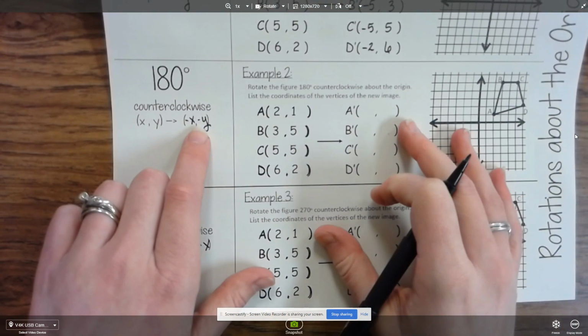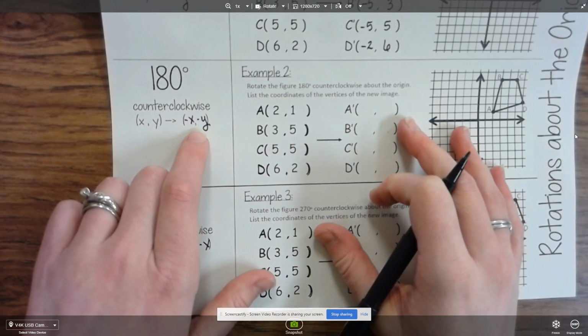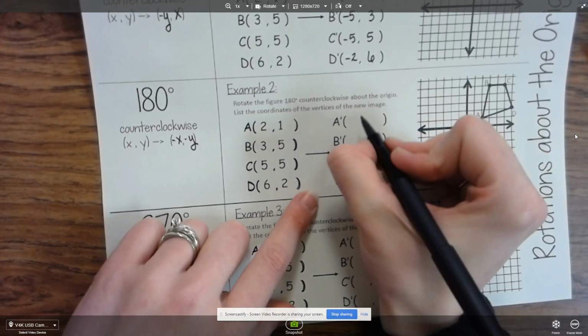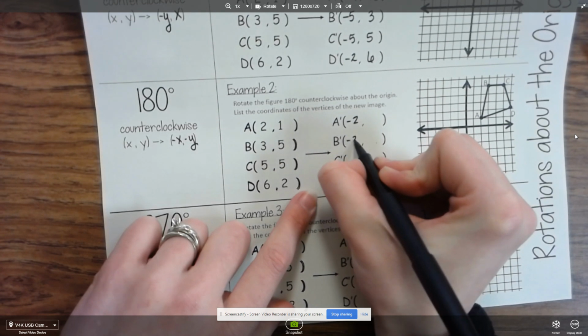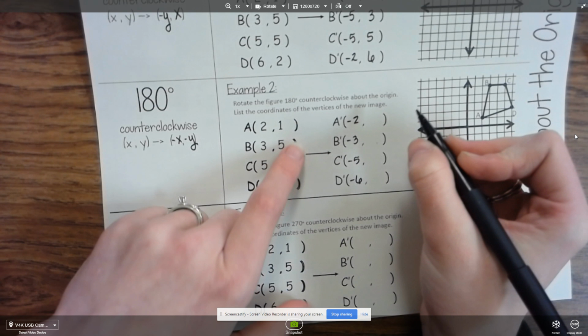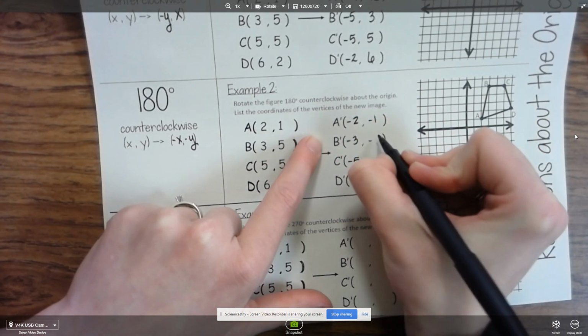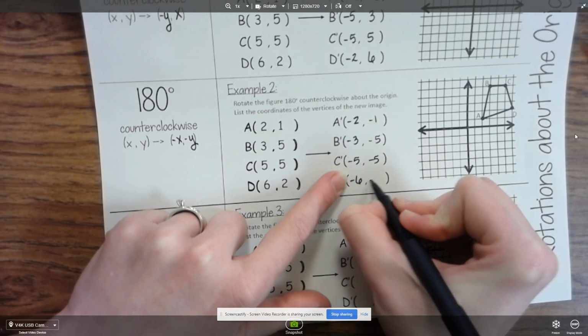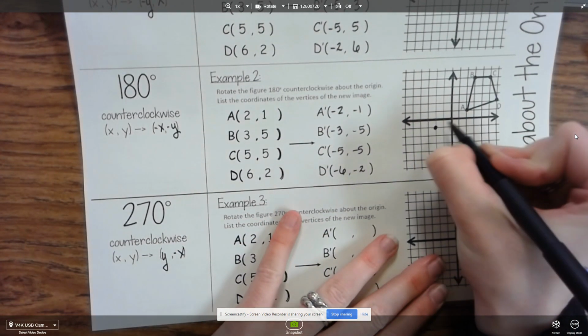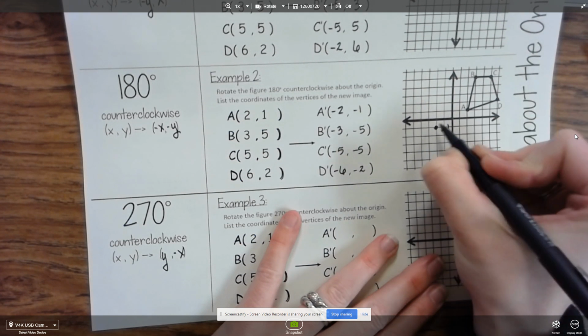All right, so for 180 degrees counterclockwise, we're just changing the signs of both the coordinates. So everything stays in the same place. We just either make it negative or we make it positive. So these are all positive. So I just make all of them negative. So negative 2, negative 1, that's A prime.